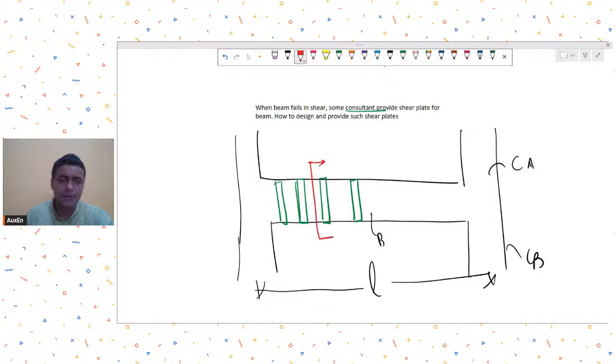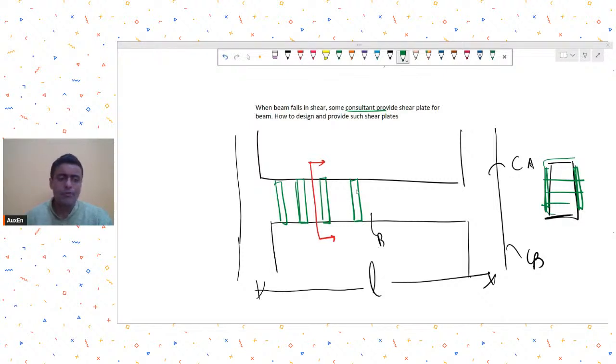So this is my beam and the shear plate like this. Of course, this was not the only thing that we did. We had to tie it with the existing reinforcement and do a lot of other things. We also drilled some holes like this to ensure proper bond transfer in shear.